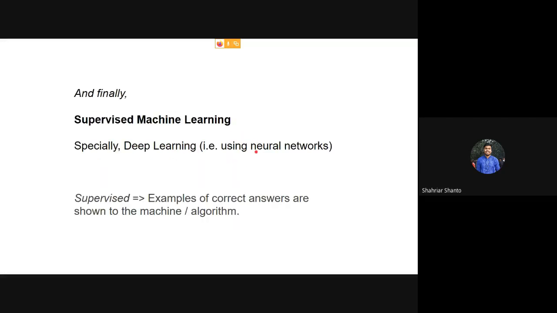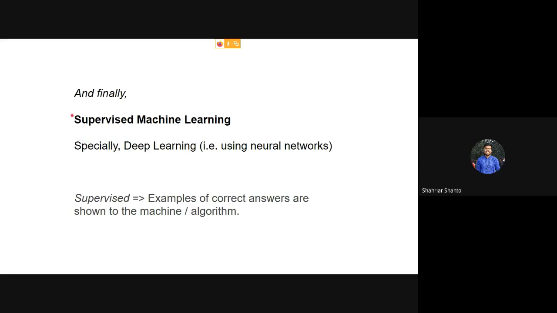Okay, so finally, researchers are also experimenting with trying to use supervised machine learning to detect and mitigate RFI from telescope data, and especially deep learning, because deep learning can be used to classify images very well, very efficient and very accurate.